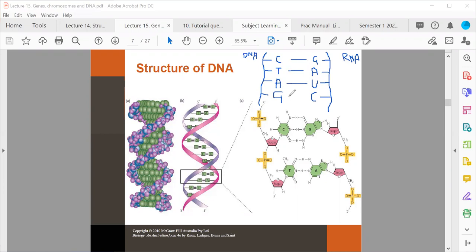Okay, good. So these are referred to as the base pairing rules, and you should be familiar with both the base pairing rules in DNA, from DNA to DNA, and from DNA to RNA.